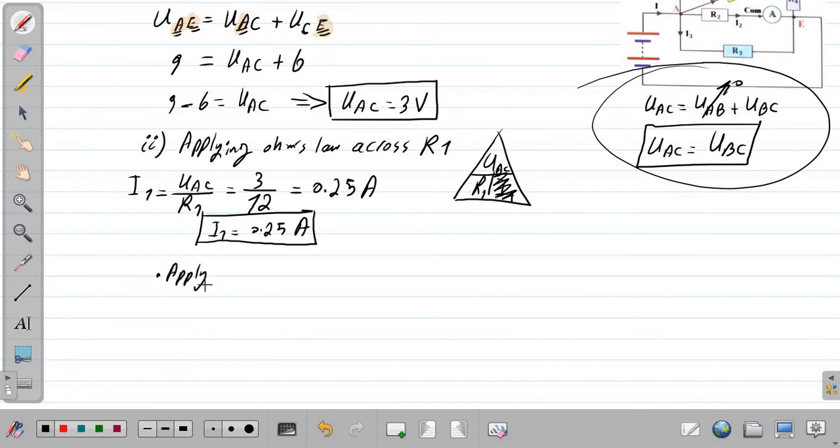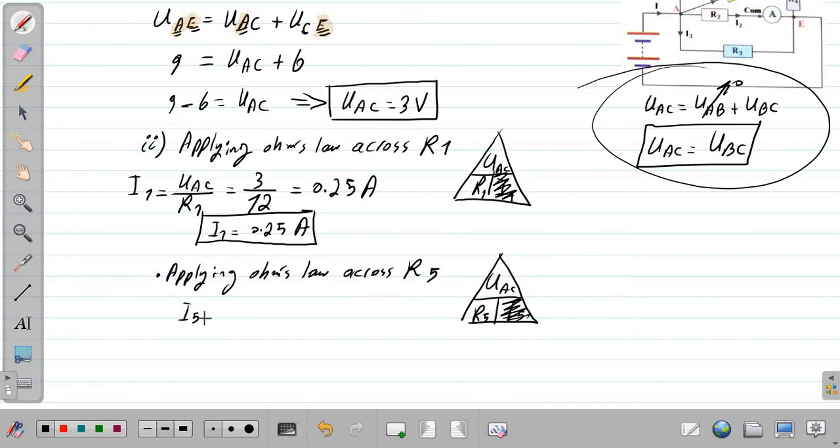Applying Ohm's law across هالمرة R5. Let's construct the triangle UAC, the terminals of R5, and the current passing through R5 is I5. So we need to find I5.